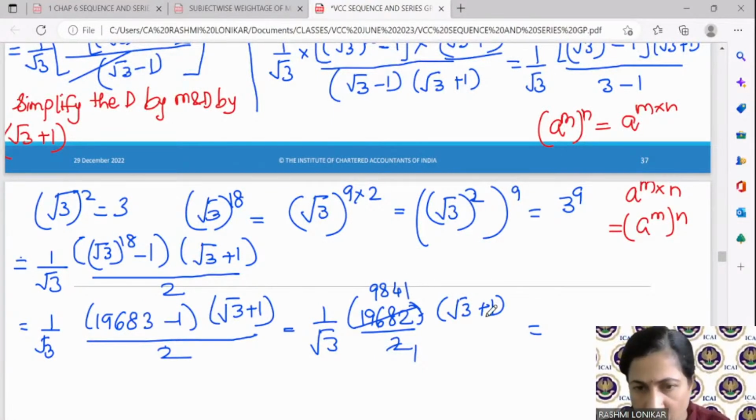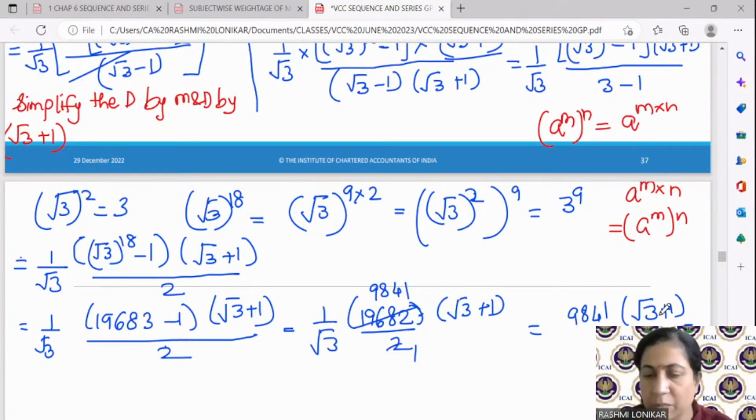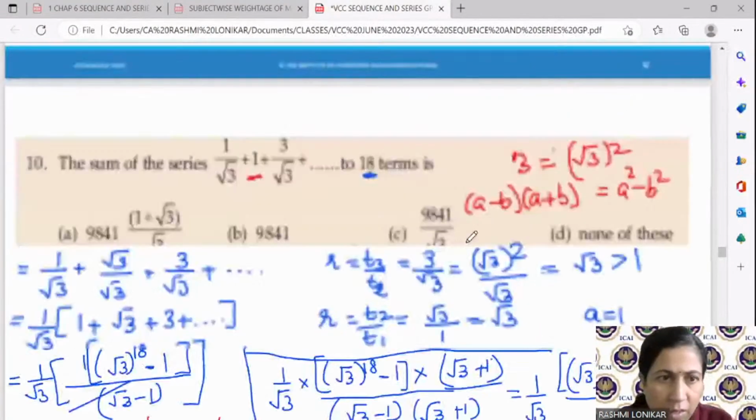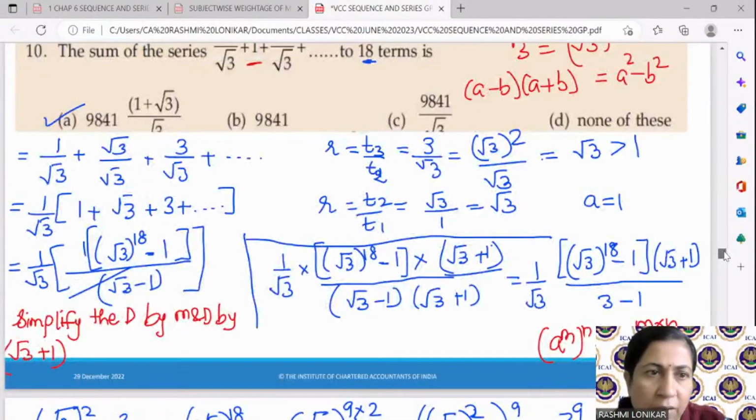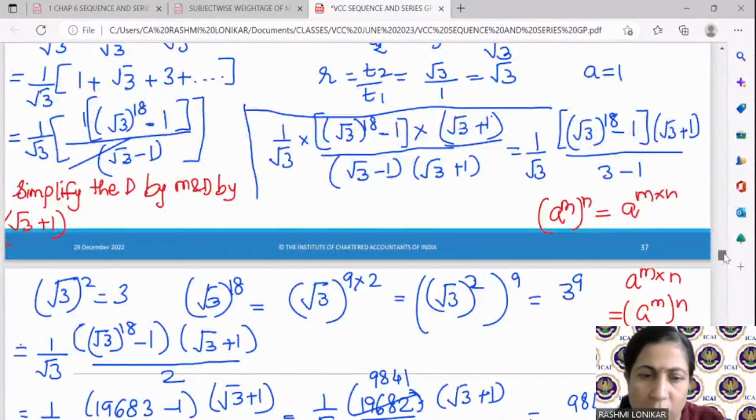Okay, so the answer here is 9841 into root 3 plus 1 upon root 3. So A will be your correct answer. Understood? So A will be your correct answer, 9841 into 1 plus root 3 upon root 3.